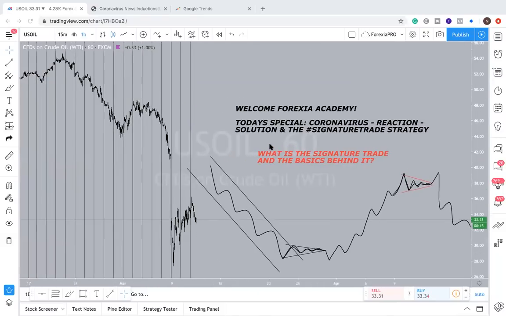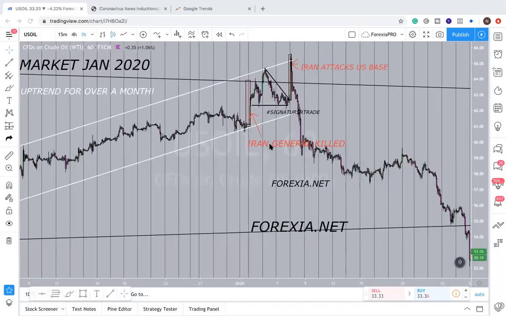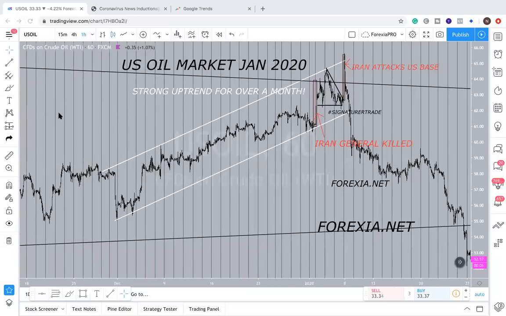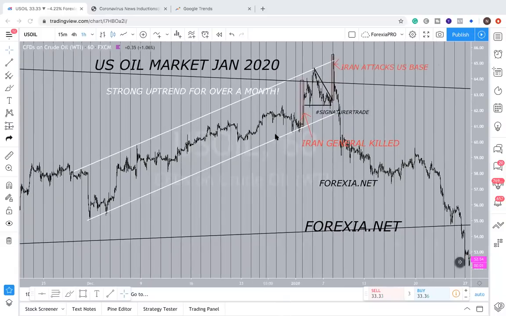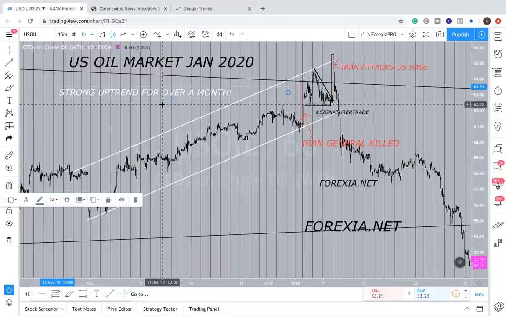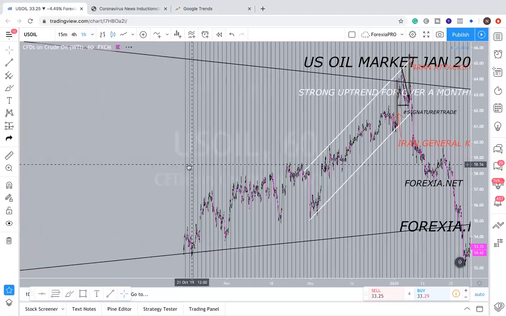All right, so we're going to look at U.S. oil here at the beginning of this year, when this was happening, when the Iranian general was killed, the Iran base was attacked. Iran attacks U.S. base, all right? The U.S. oil market of January 2020 was in a strong uptrend for about two months or so, a little over a month.